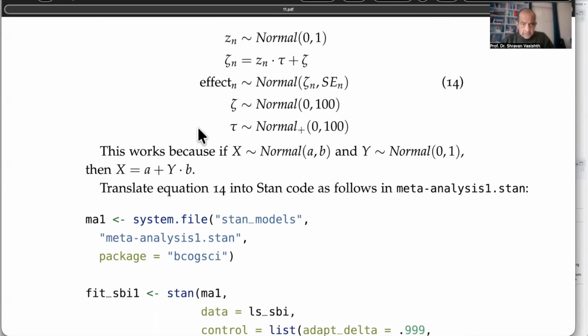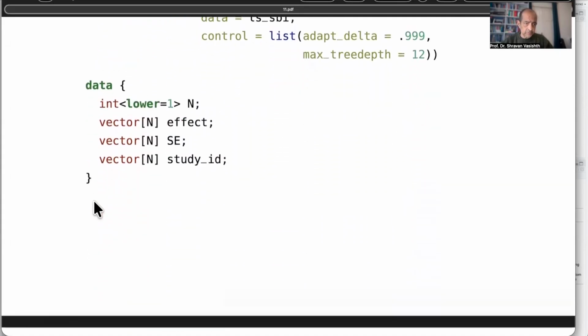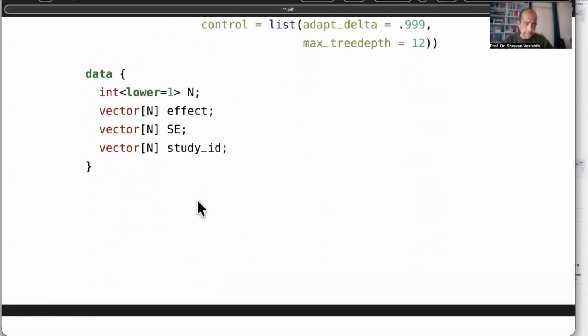Right, everything else is pretty much the same. The only difference now, remember, is that zeta sub n is now a derived quantity. It's derived from the standard normal. So it's going to turn up in the transformed parameters block, okay? And you don't see it here anymore. So we fit the model. So here's what the model looks like. The data is the same as before.